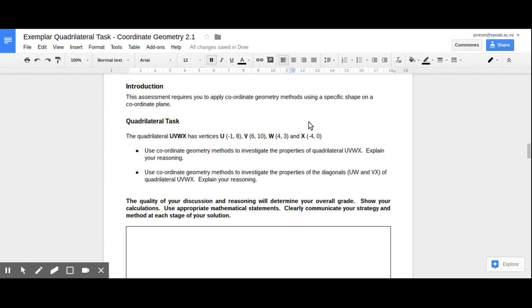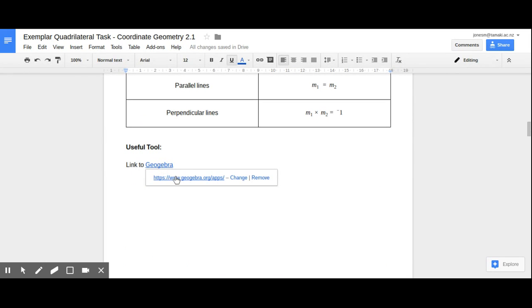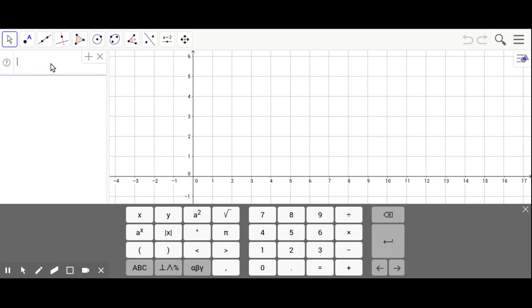So the first thing that I'd recommend doing is opening up GeoGebra and actually plotting the points in. So our first point U is equal to -1 and 8.